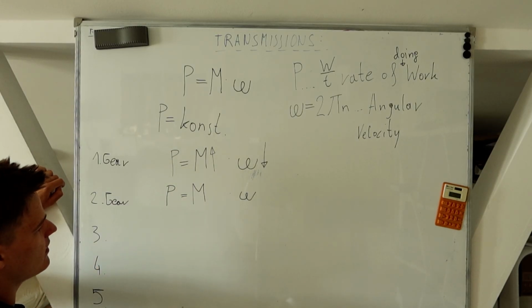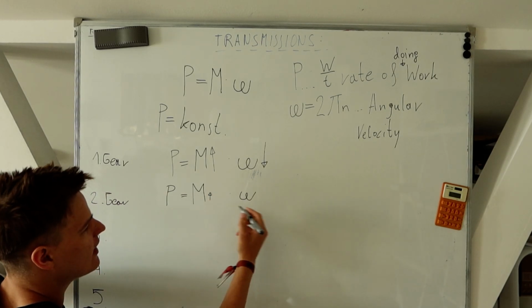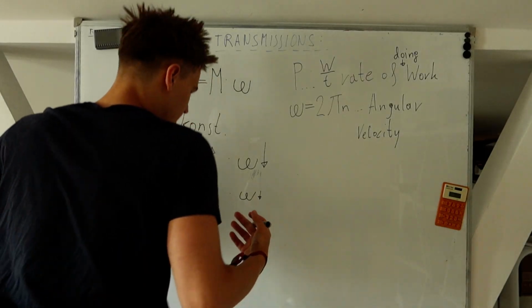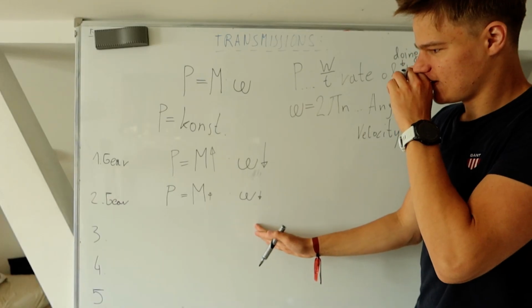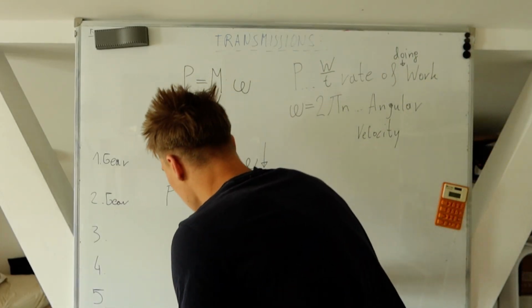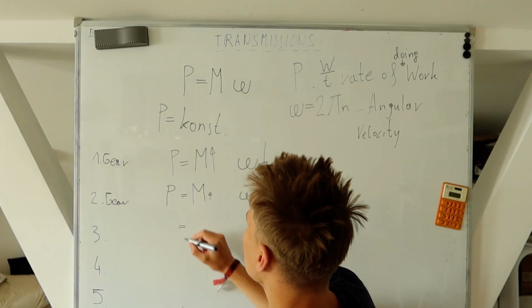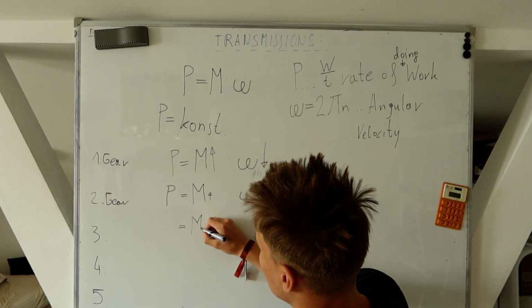So what happens now? Well, of course, you have a smaller arrow, right? Because you're going faster, okay? But still, you have more torque relative to your angular velocity, okay? And we maybe just continue now, okay? So I'm gonna just make an equal here, and now if you put these two into relation, right?